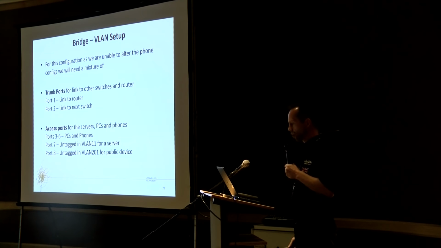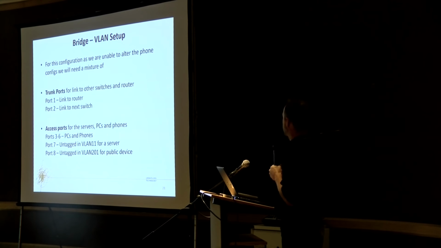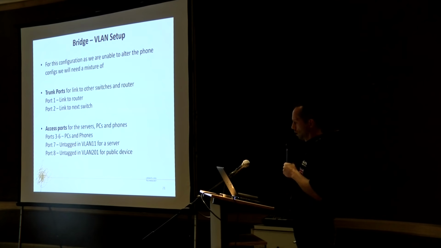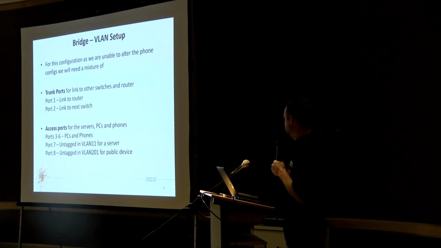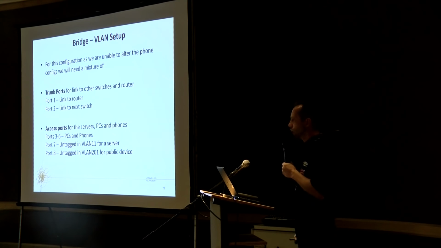We're going to set up 3 VLANs for this, one for public, one for our data, for our private network, for our staff to use, and a third VLAN is going to be used for our phone traffic, so we can segregate our network. Talking about what people have done with the security, we're going to segregate our traffic on our network.